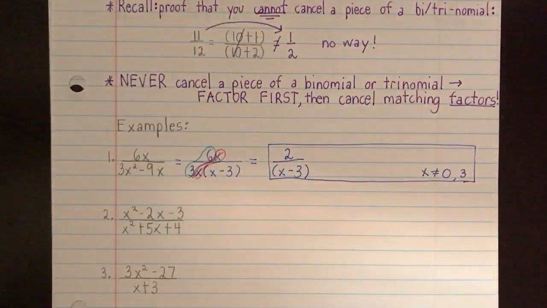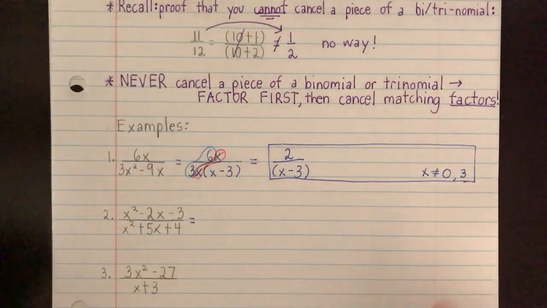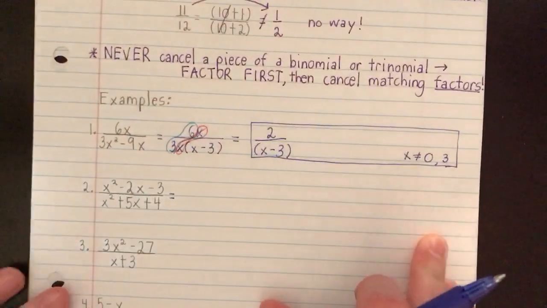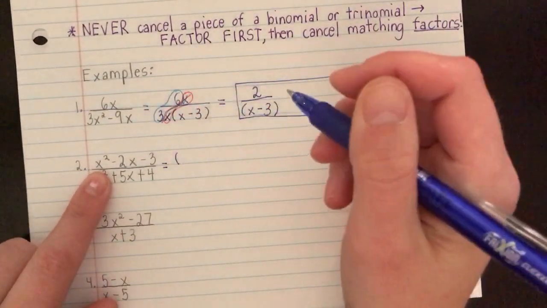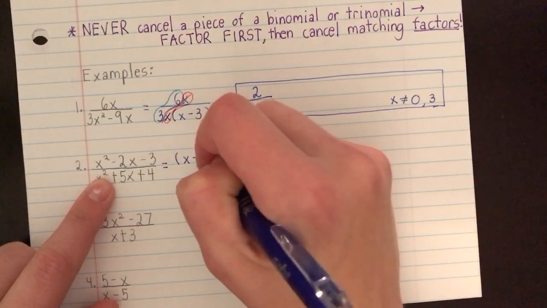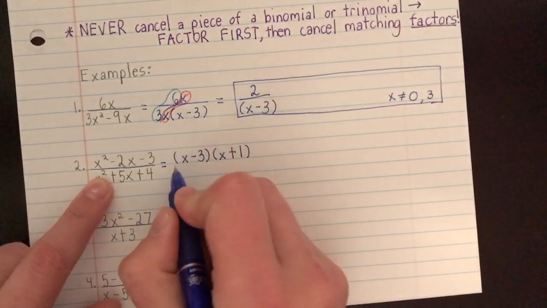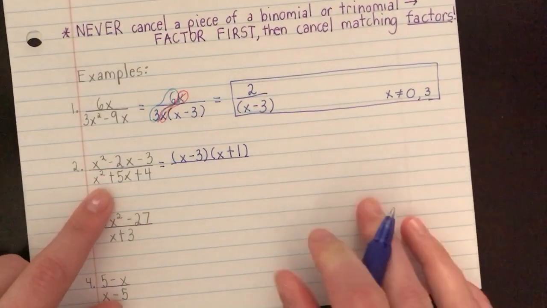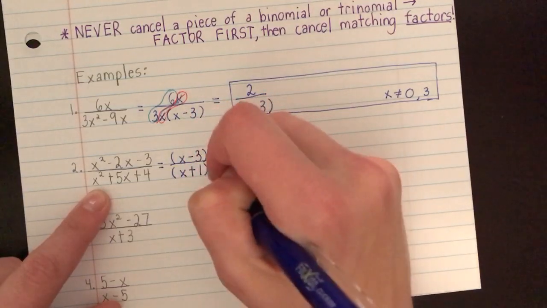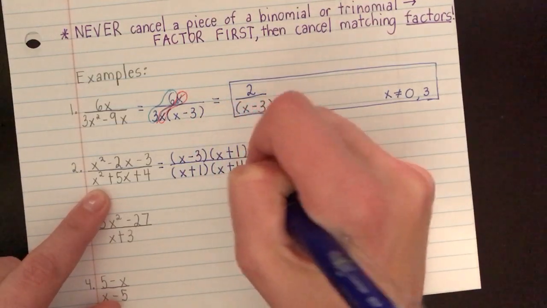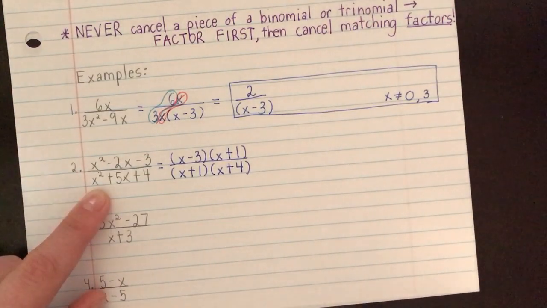All right, so looking at number 2. Okay, numerator and denominator both in standard form, we're good there. So then factor both numerator and denominator completely. Okay, that numerator factors to x minus 3, x plus 1. And the denominator factors to x plus 1, x plus 4. Okay, so once I've factored, then I need to state my restrictions.